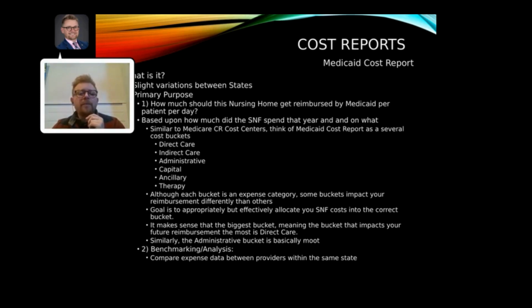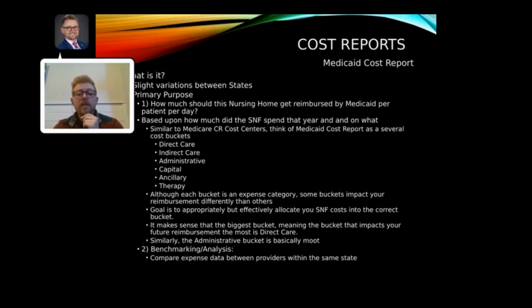A very basic example: the direct care bucket is going to be your RNs, your LPNs, your CNAs, the expenses associated with direct care, nursing supplies, things that directly impact the hands-on care.